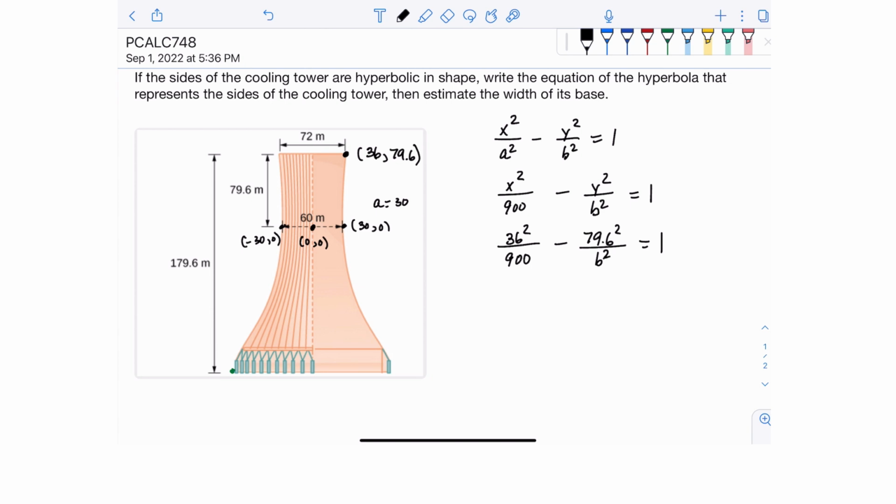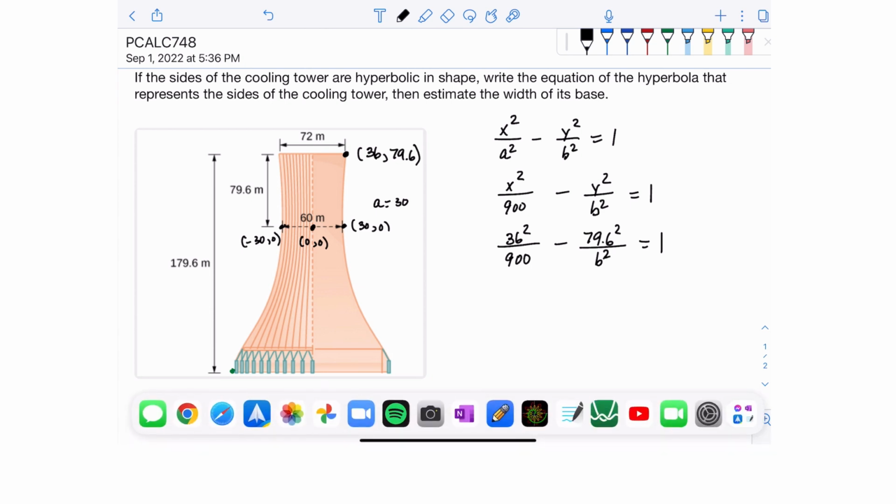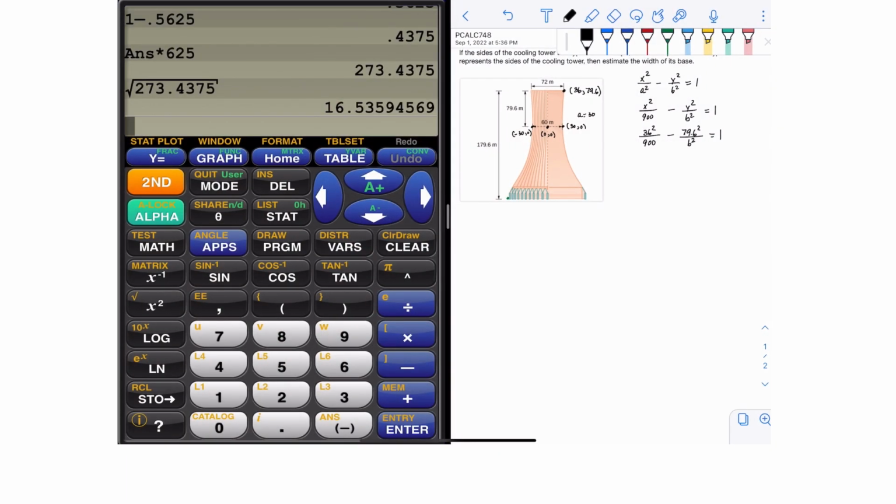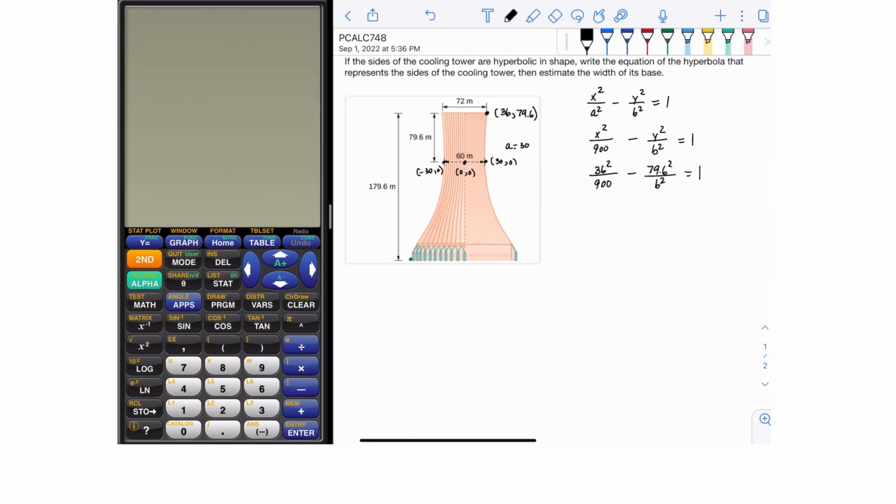I'm going to use the calculator to help us out here. 36 squared over 900 is 1.44. So 1.44 minus 79.6 squared, which is 6336.16, over b squared equals 1.